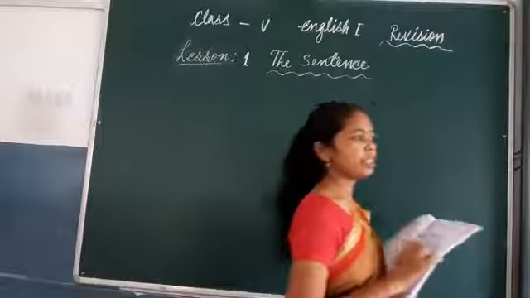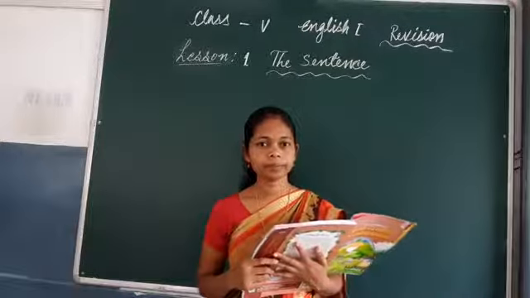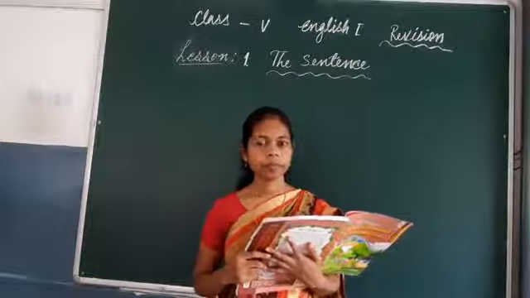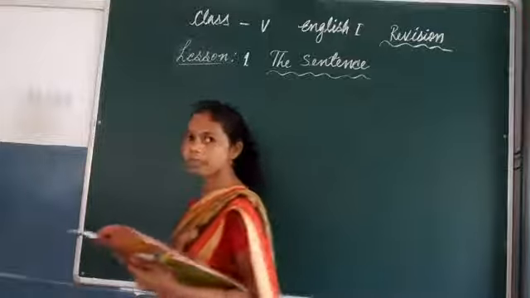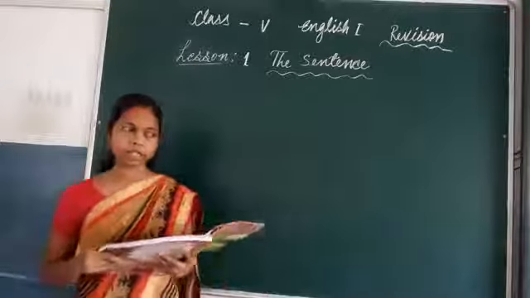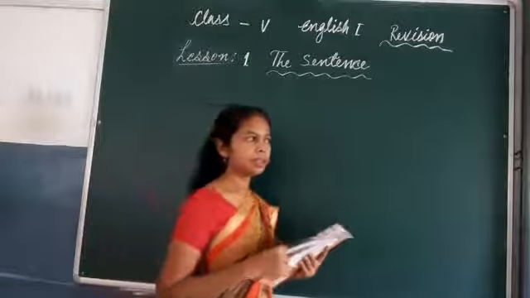So you can see here the difference between phrase and sentence. A phrase does not have a capital letter, punctuation mark and verb, and there is no meaning in it. It does not make complete sense.